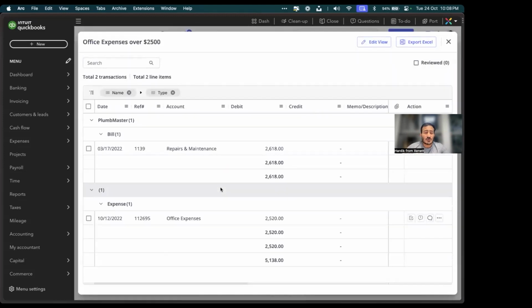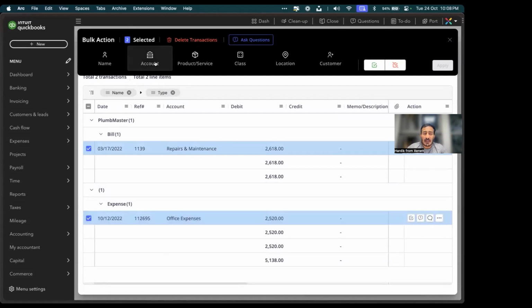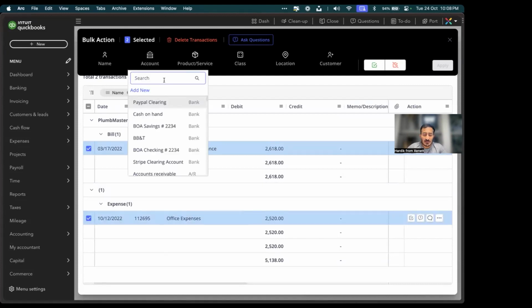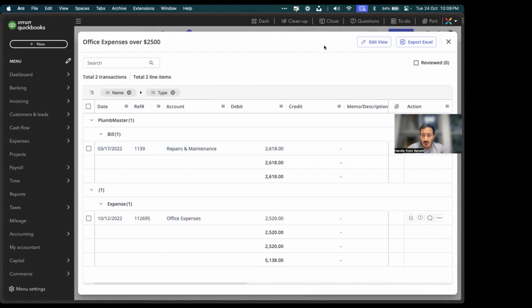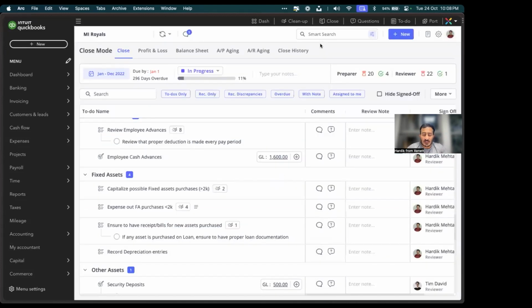By looking at these two transactions, I would be able to decide whether I want to capitalize them or not, right? If I think it was a big purchase like laptops, or big repairs and maintenance kind of expenses, I might then decide to capitalize it and move them to the fixed assets, or furniture, or whatever the account could be, right? So this is one point that we check in the fixed assets.